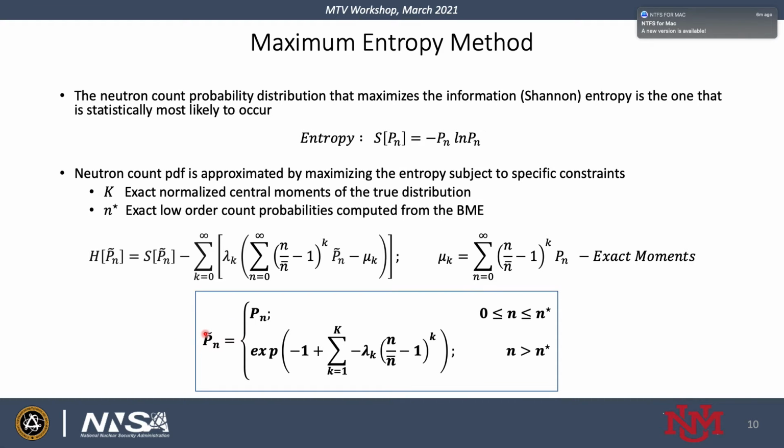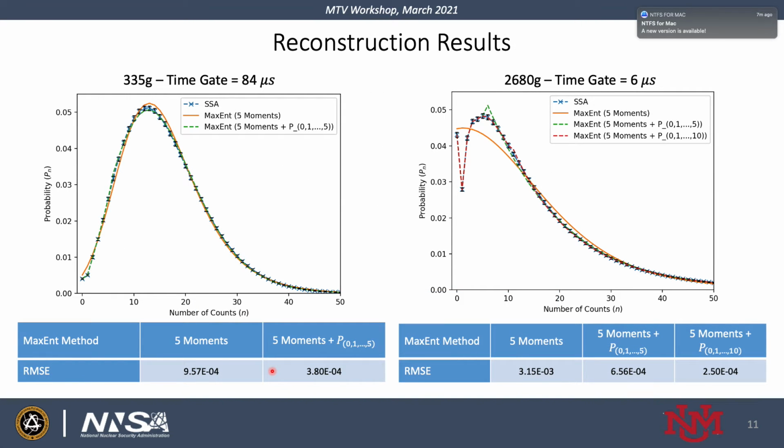So when n is less than n star, the exact distribution is used. When n is greater than n star, the distribution is approximated by this exponential. And here you can see for a 335 gram sample simulated over an 84 microsecond time gate, this is basically the same plot we showed previously for the orthogonal polynomial expansion.